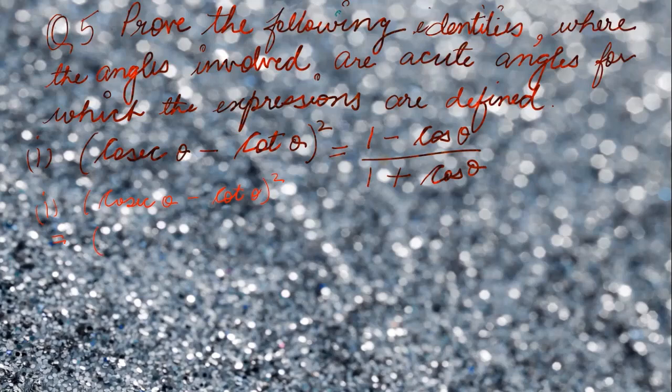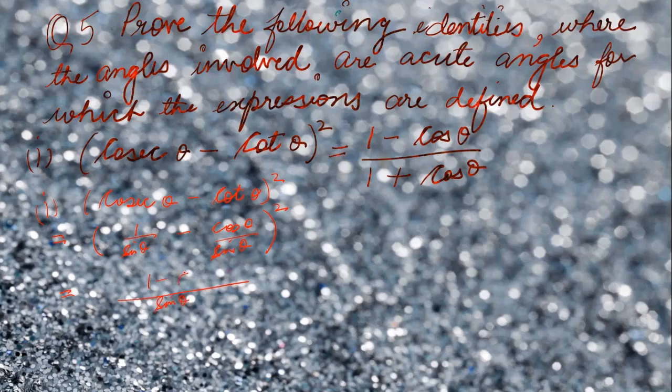So you know cosec theta is 1 upon sin theta minus cot theta, which is cos theta upon sin theta, whole square. Okay, so take the LCM, it will be sin theta.